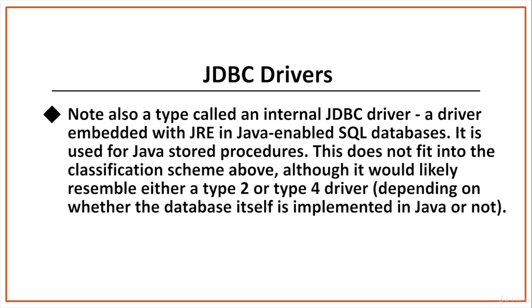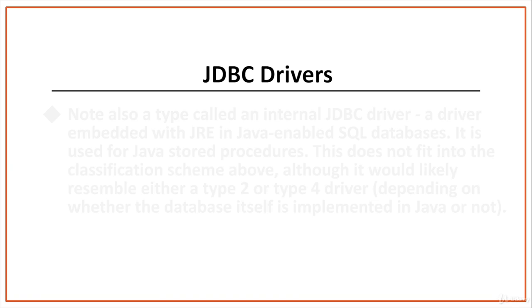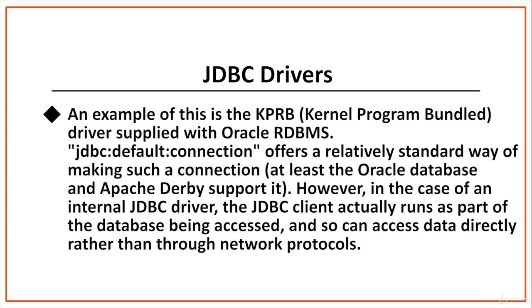This does not fit into the classification scheme above, although it would likely resemble either a Type 2 or Type 4 driver, depending on whether the database itself is implemented in Java or not. An example of this is the KPRB, or Kernel Program Bundled Driver, supplied with Oracle RDBMS. jdbc:default:connection offers a relatively standard way of making such a connection.